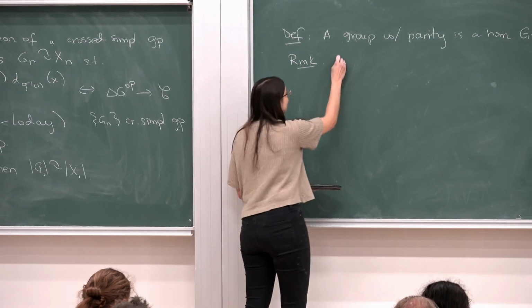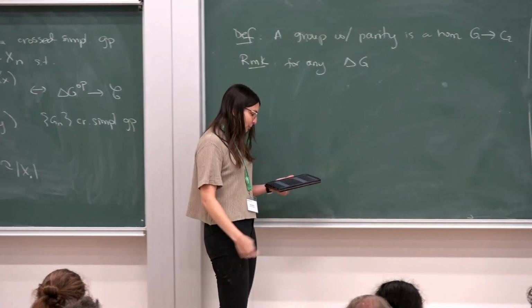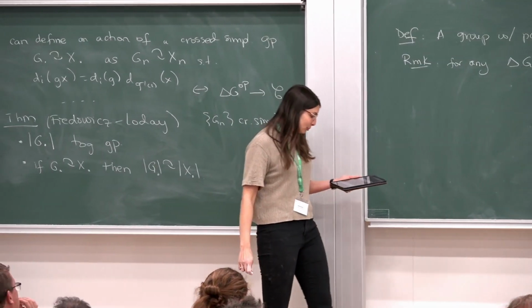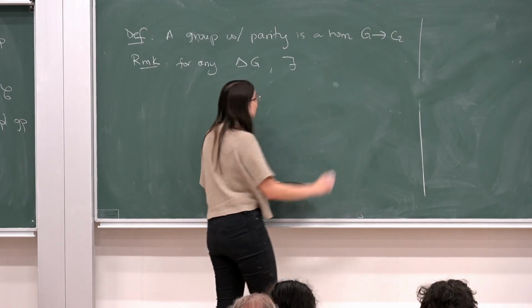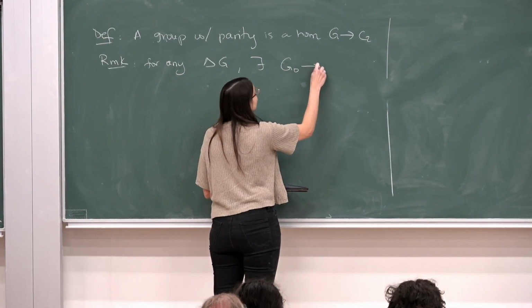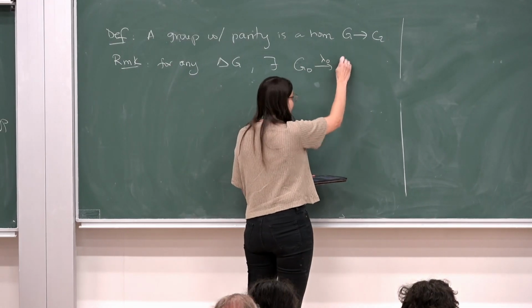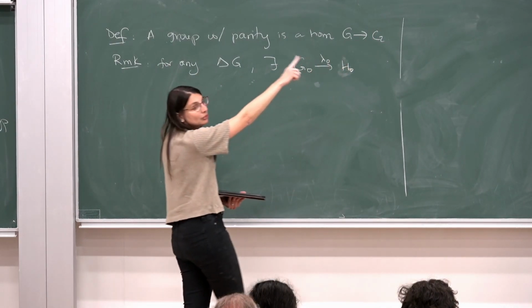A small remark is that for any cross-simplicial group, from the definition we can extract a canonical parity G naught. As I said, it has a map.